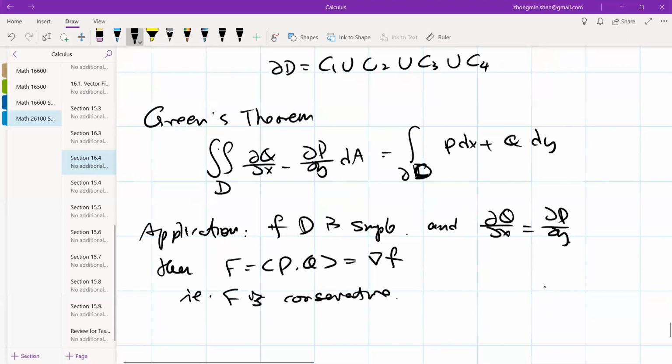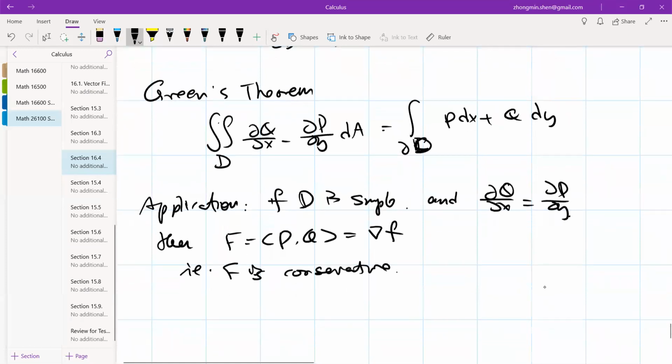But when F is written in that form, as the gradient of some function, then definitely the above equation holds. You don't need to mention whether the region is simple or not.